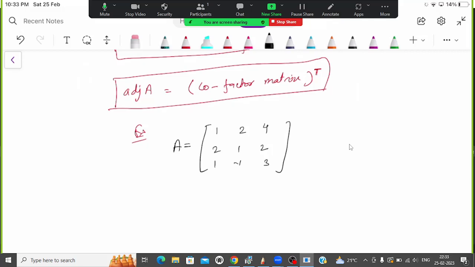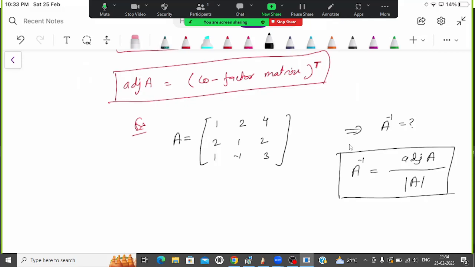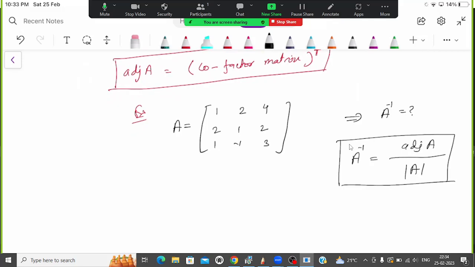So how will you calculate it? The inverse of A formula is adjoint of A divided by det of A. By using this formula you will calculate the inverse of A. So first we calculate the determinant of A.